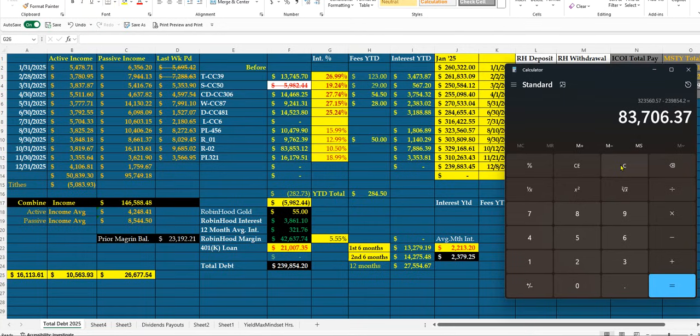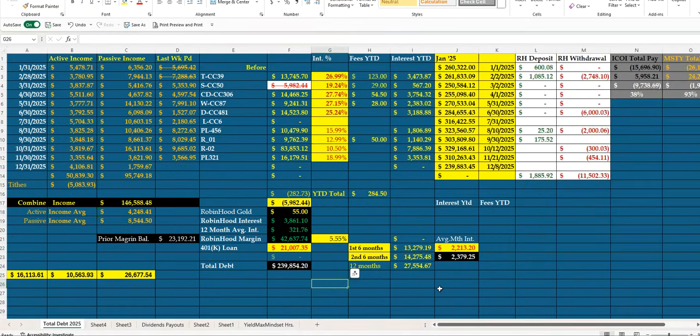All right. Some people look at that as a loss, but it was really their money. So technically, I just gave it back. I guess you can say my time was wasted in a sense, but that's of my own doing. Unfortunately, my interest for 2025 now sits at $27,554.67.